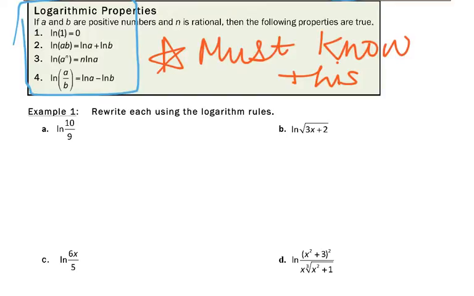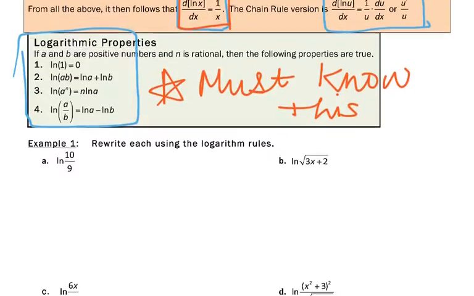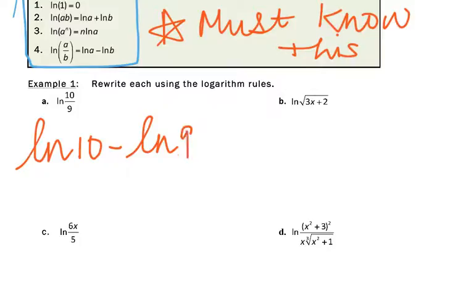So again, let's review. The derivative of natural log is 1 over x, okay? Example 1 that we have here is, right now, we're just going to review these rules. So this is division, so it's the same thing as natural log of 10 minus natural log of 9, because that's division, right?